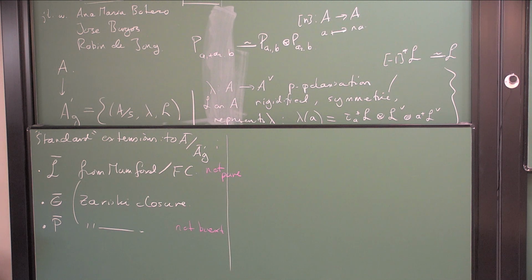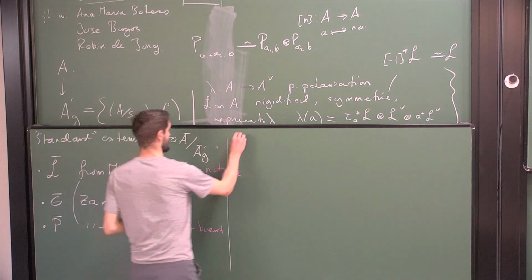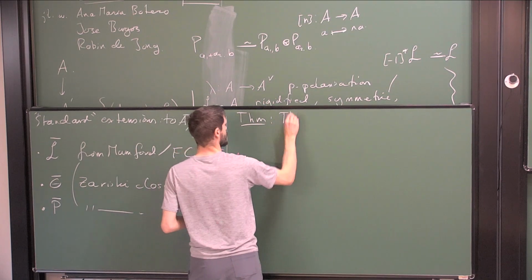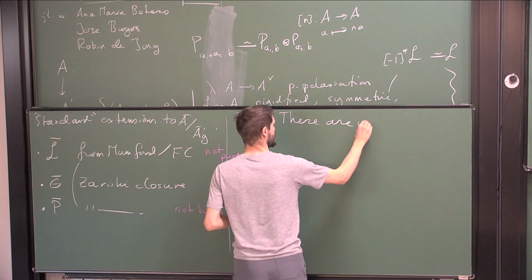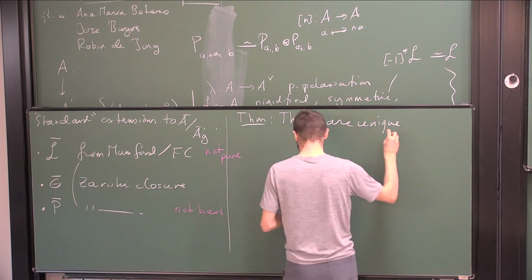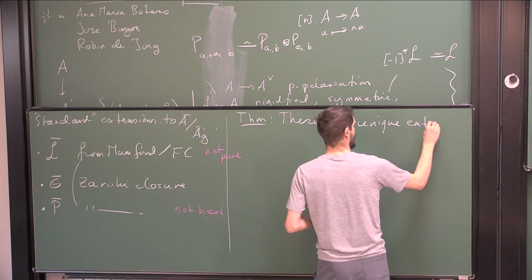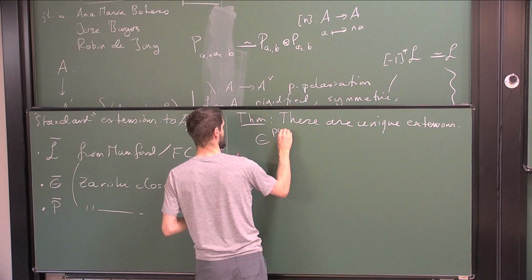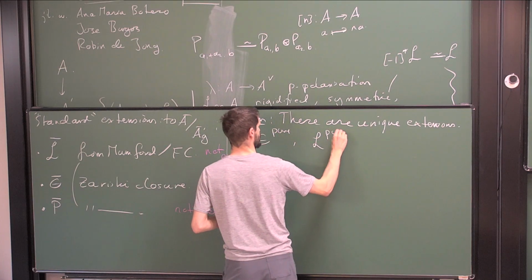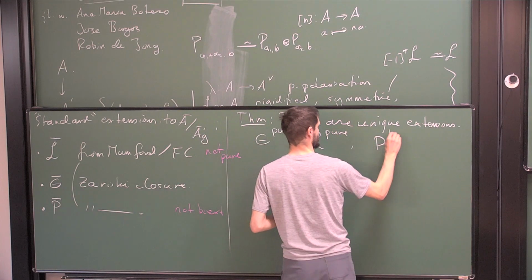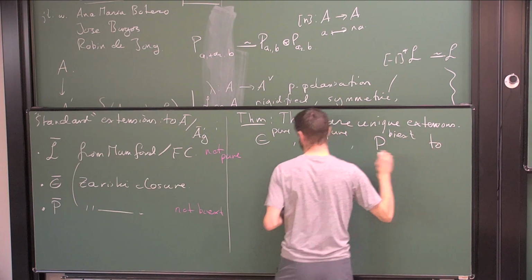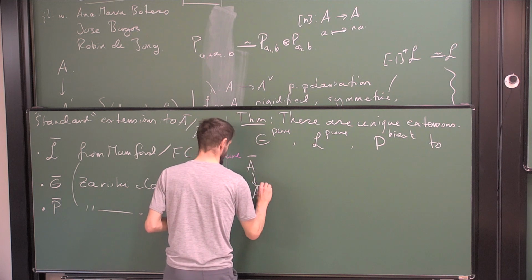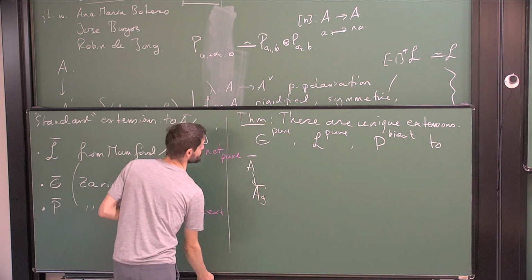Yeah. So the theorem is that you can fix this. So there are extensions, which I will call theta pure, L pure, and P by extension, to A bar over AG bar.